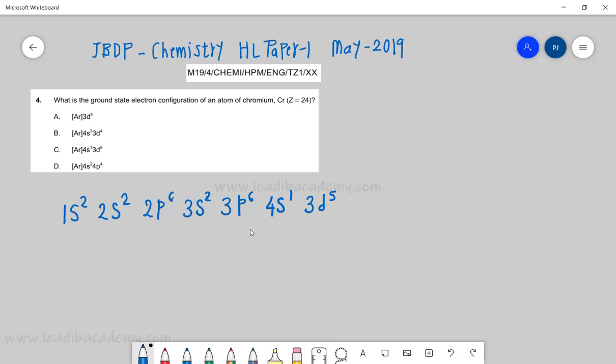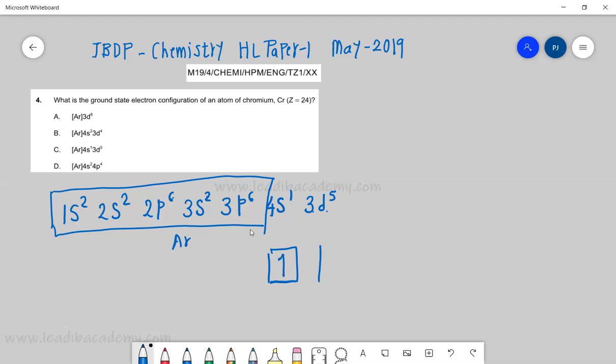So we can clearly say that this part belongs to argon, and then 4s1 3d5. Simple. Just for your information, this will be 4s1 and this is going to be 3d5. 1, 2, 3, 4, and 5.